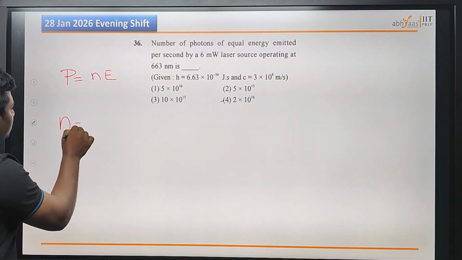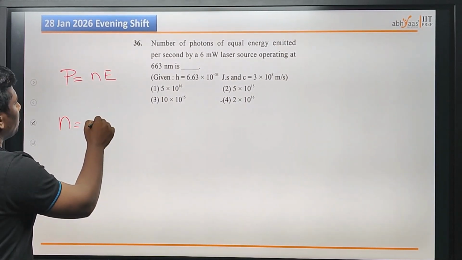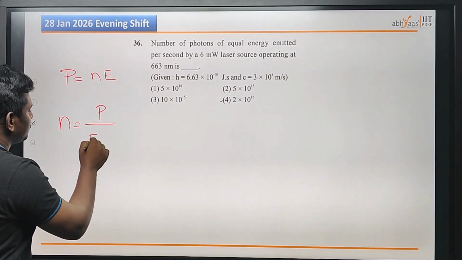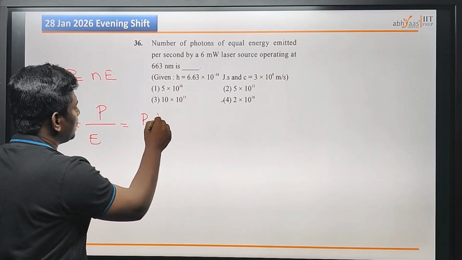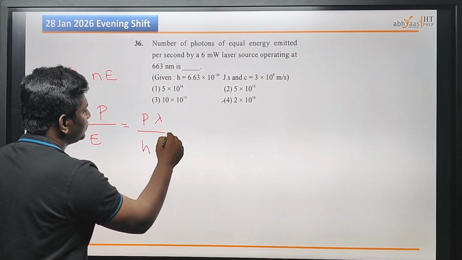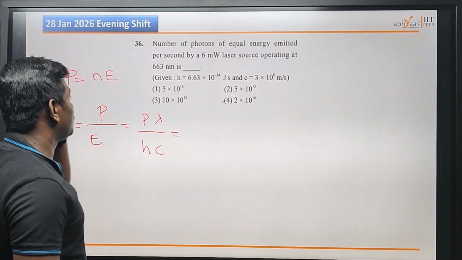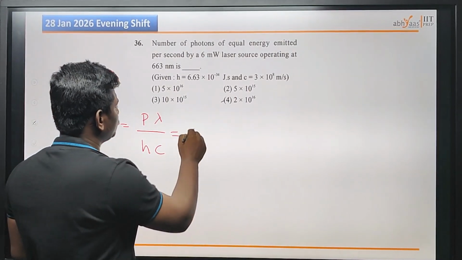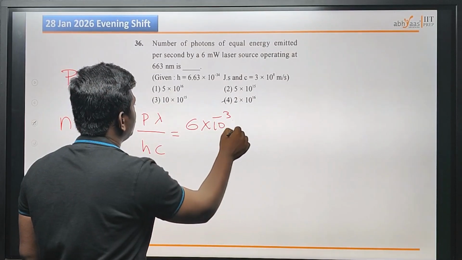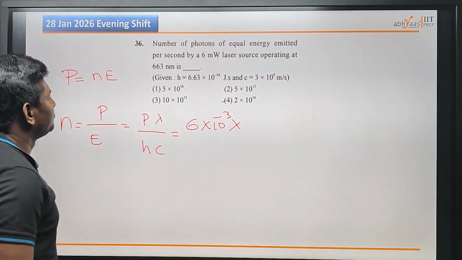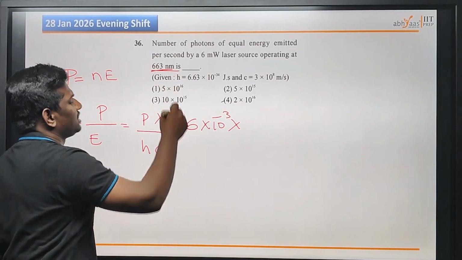So n can be written as power by energy. Energy is nothing but hc by lambda. So n equals P lambda by hc. They have given the power, 6 into 10 to the power minus 6, and lambda is 663 nanometers.